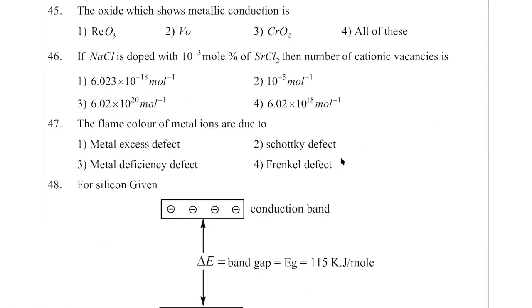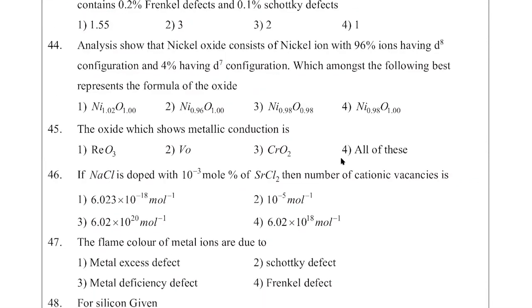Next, check out the next question here. Analysis shows that nickel oxide contains nickel ions with 96% in D8 configuration and 4% in D7. D8 and D7 simply imply that nickel is at +2 with 96% and nickel is at +3 with 4%, right? So you just need to check out the formula.